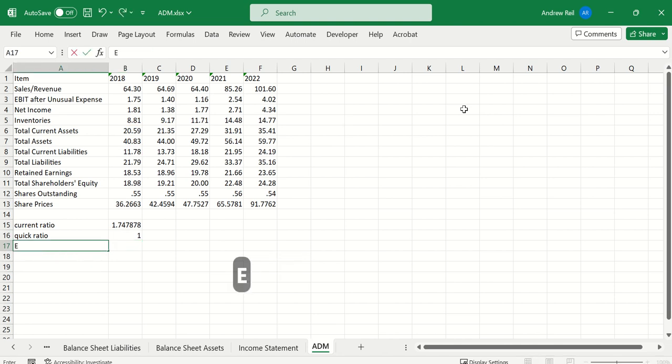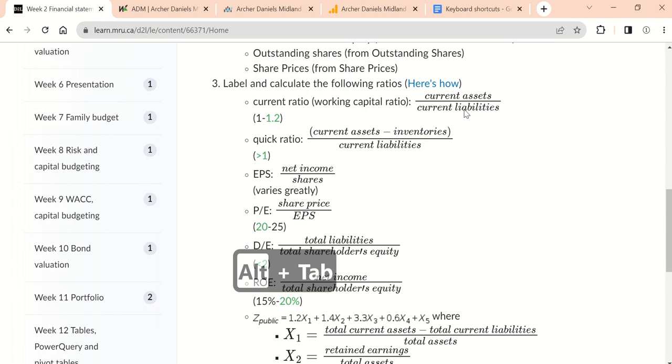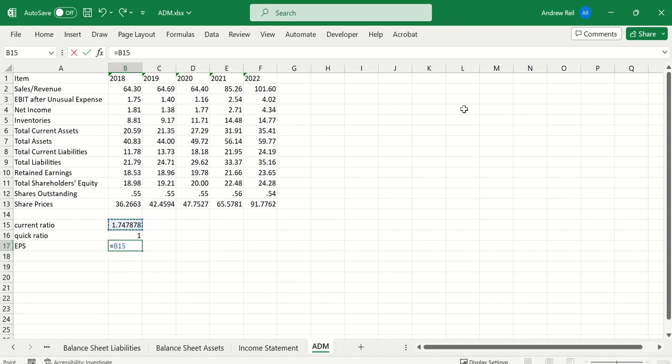Okay, EPS, earnings per share. That is the net income divided by shares. So net income divided by outstanding shares. 3.3 about for me. And then the price earnings ratio is typically written P/E.